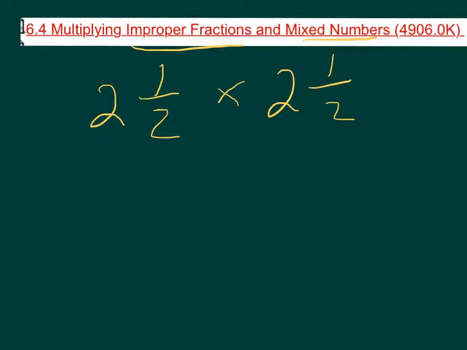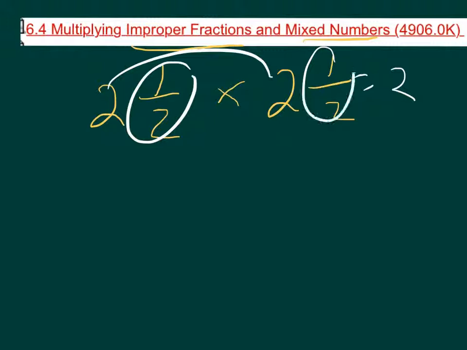Now the first thing I need you to know is the answer is not 4 1/4. You do not simply multiply 2 times 2 to get 4, and you do not multiply 1/2 times 1/2 to get 1/4. Okay, that is not correct. Okay, let's go back. Let's take away that stuff we just did.